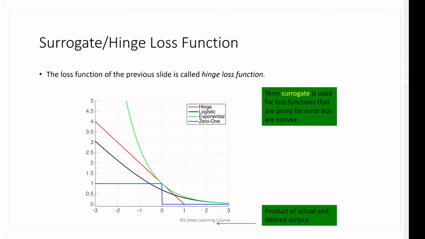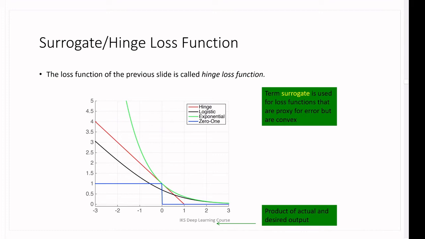There are 3 other loss functions shown here. The one in blue is what we call a 0-1 loss function. That is, there is no loss if there is no error being made, and there is a unit loss if an error is being made. And obviously, that is not good for any optimization because it's not a smooth function. The black one is what is known as the logistic loss function, and the green one is known as the exponential loss function.